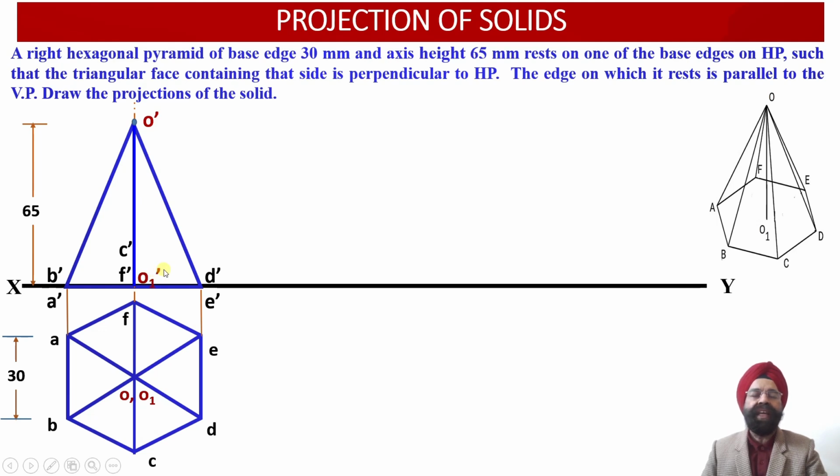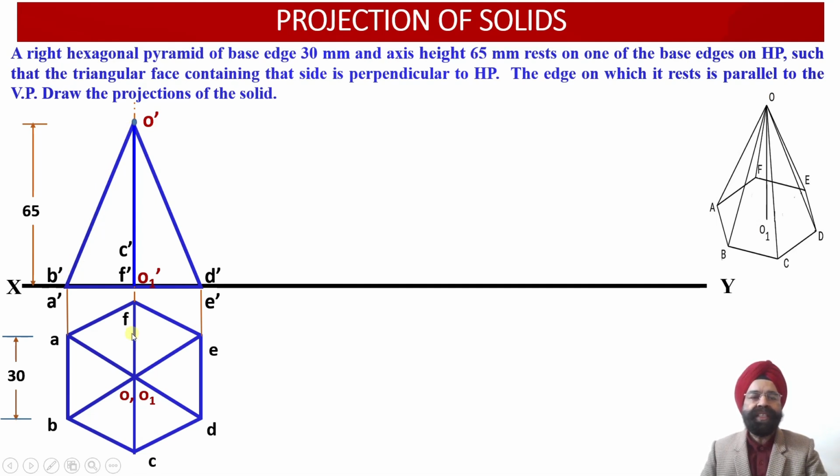But here one thing we need to remember: these are the three slant edges OA, OF and OE. These three slant edges are lying on the rear side of the solid, which are not visible to the observer from this direction. So this edge OA should be represented as a dotted line or a hidden line in the front view projection as O dash A dash.